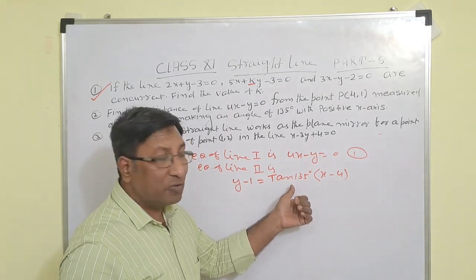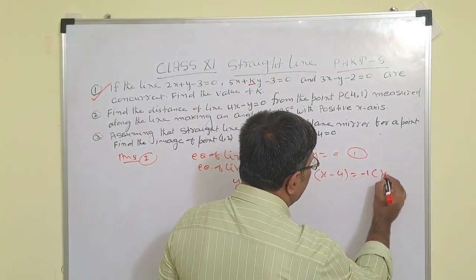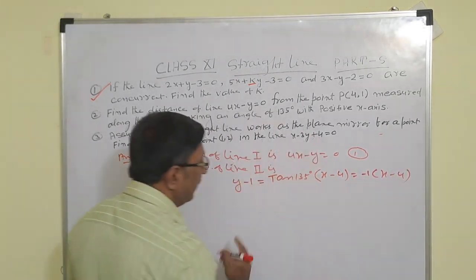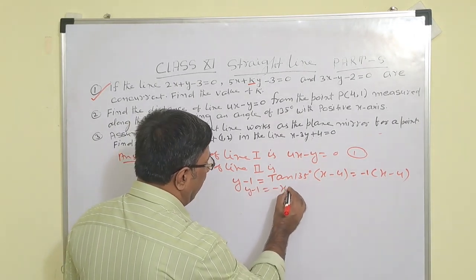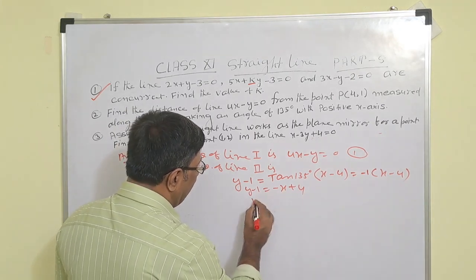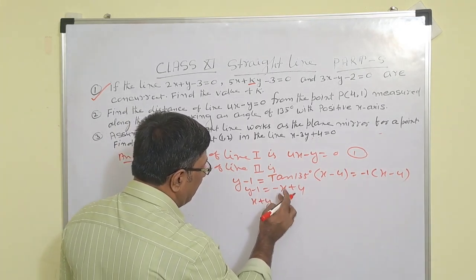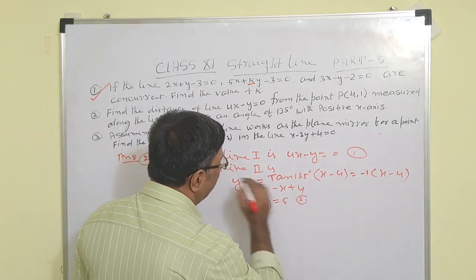Cot 45 is 1, so minus 1. So we can write minus 1 into x minus 4. When we solve this equation, y minus 1 equals minus x plus 4. So we can write this equation as x plus y equal to 5. This is equation number 2.